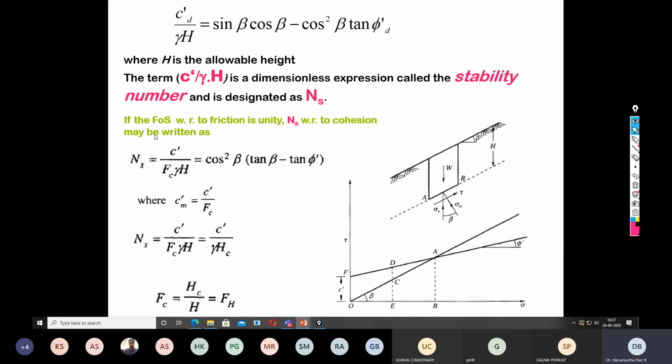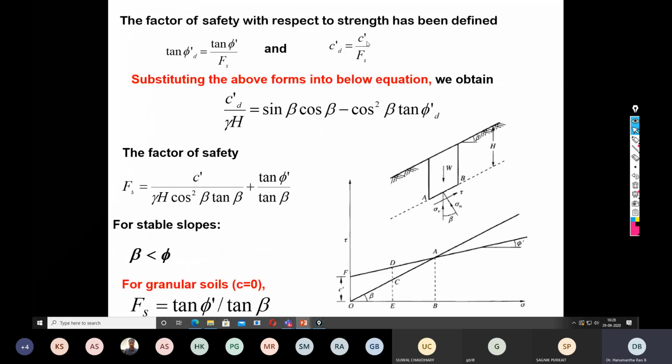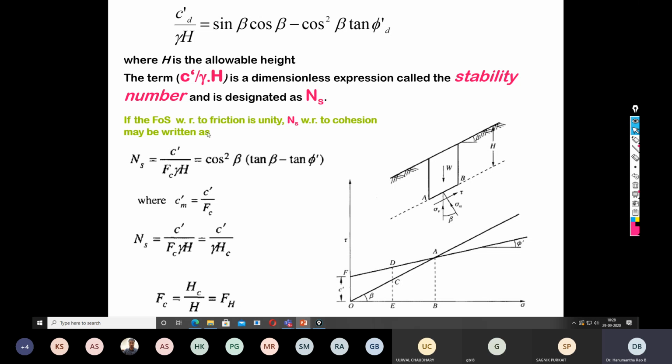Now what they have done is, if the factor of safety with respect to friction is unity, the stability number with respect to the cohesion may be written as this one. Because if you look at the previous slide, c dash D is equal to c dash by factor of safety, and tan phi dash D is equal to tan phi by factor of safety. So when you assume the friction is unity, then the stability number can be expressed in terms of the cohesion.